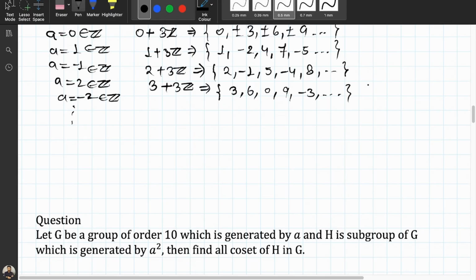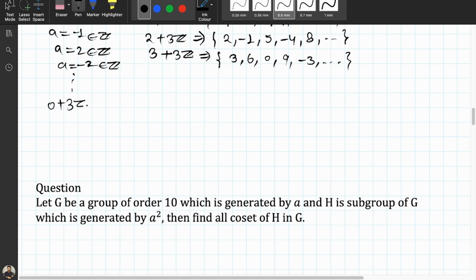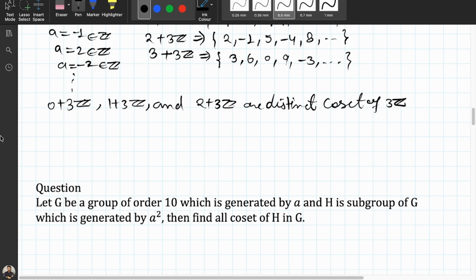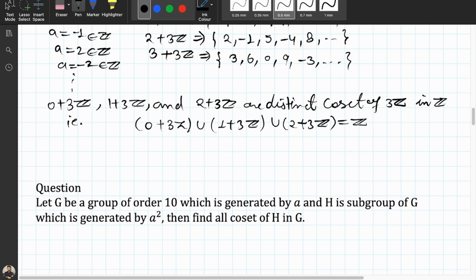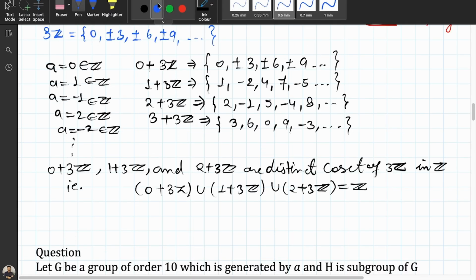From here I can find that 0 plus 3Z, 1 plus 3Z, and 2 plus 3Z are distinct cosets of 3Z in Z. It means I will take 0 plus 3Z union 1 plus 3Z union 2 plus 3Z, which gives you the complete integers. You can see this thing, this and this.